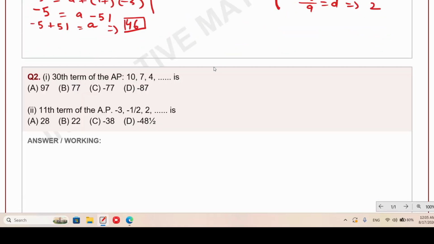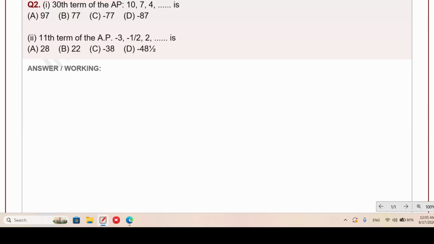Now, the 30th term of an AP. The AP is given. In this question, the 30th term means A30 is the question mark. A is equal to 10, D is equal to 7 minus 10, which equals negative 3, and A30 is equal to A plus 29D.